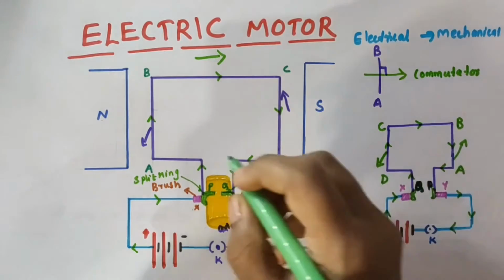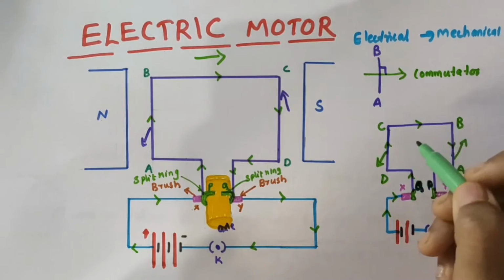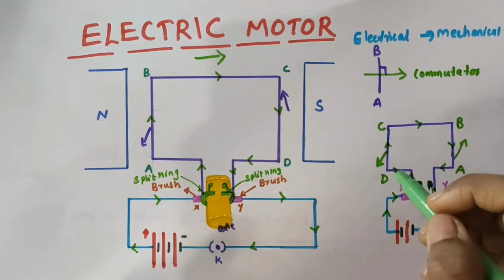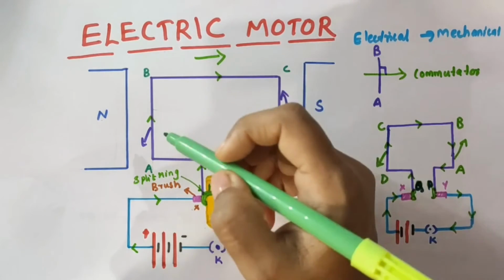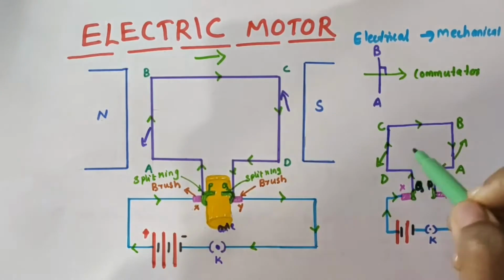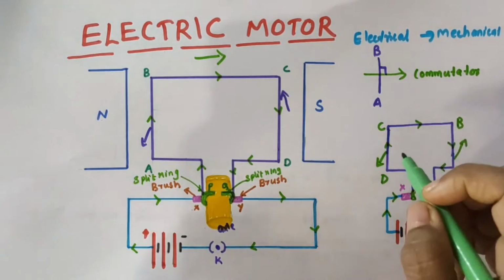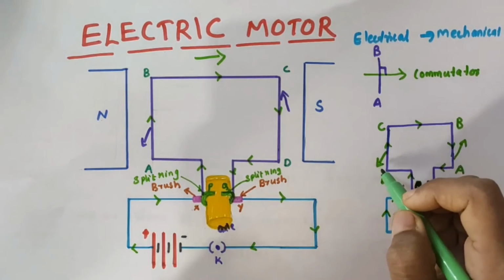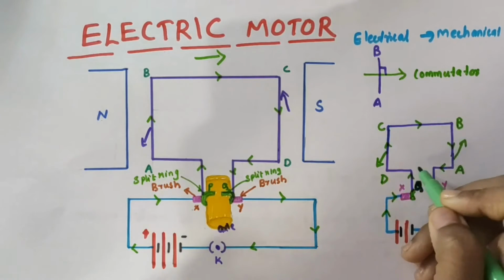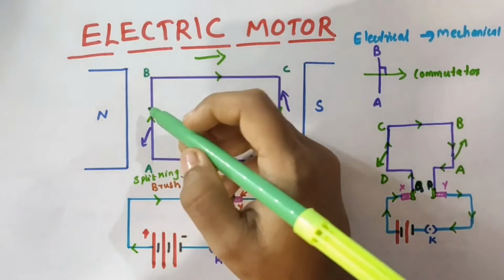Now if you imagine the whole thing, what happened is the reversal of the current. The direction of the current was ABCD, and now after half a rotation, the direction of the current has reversed. DCBA is the direction of the current.